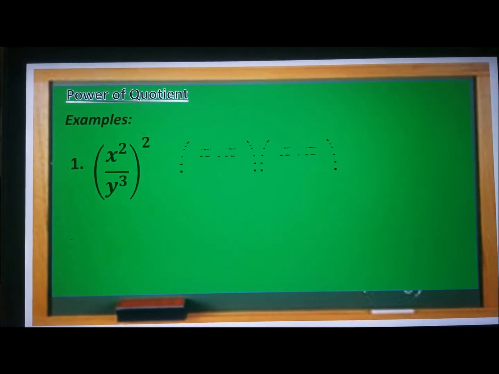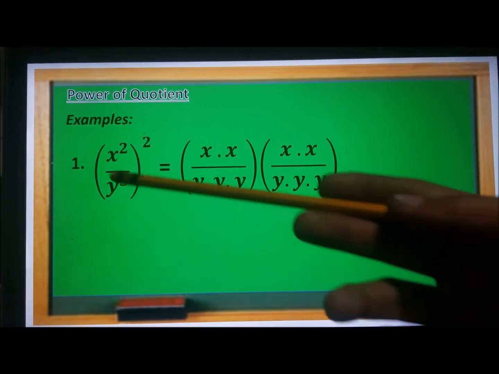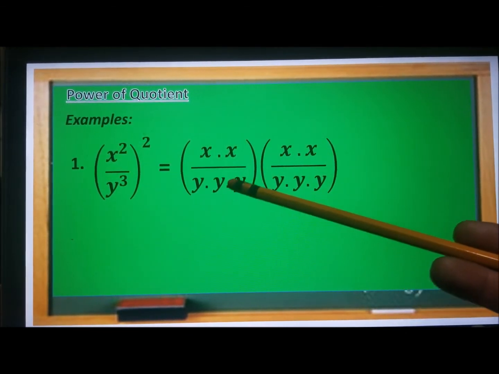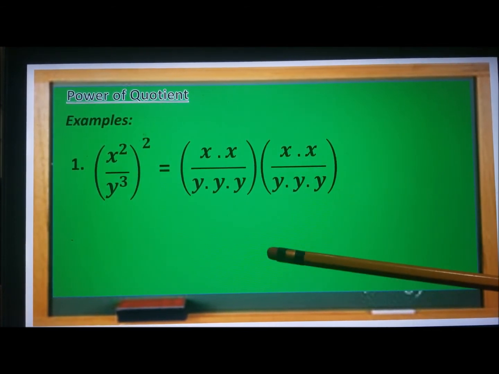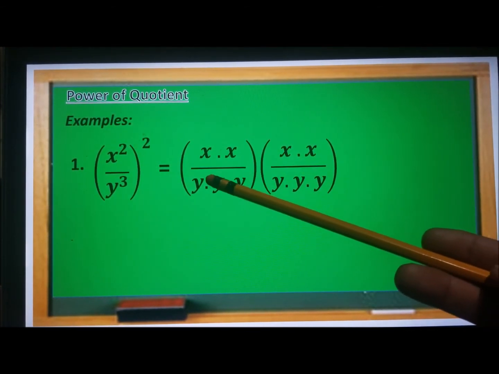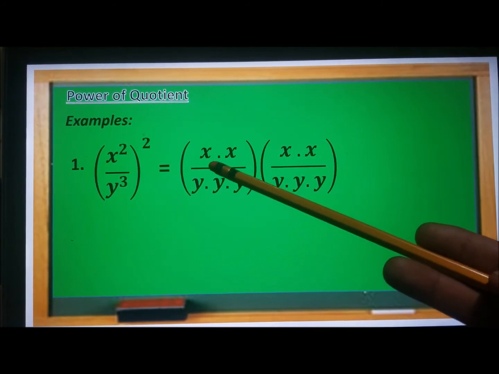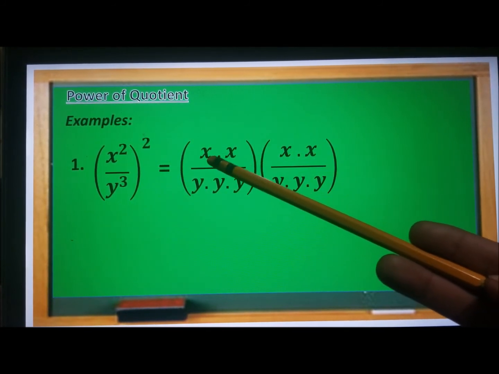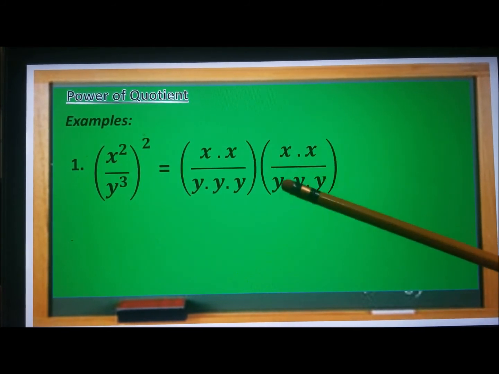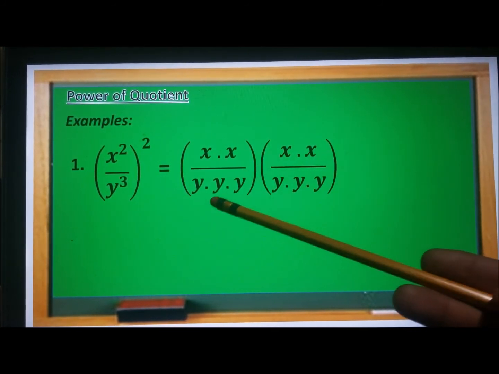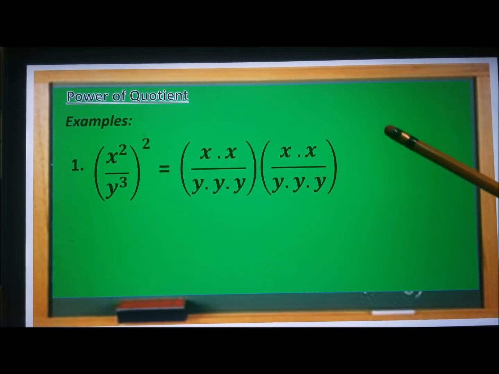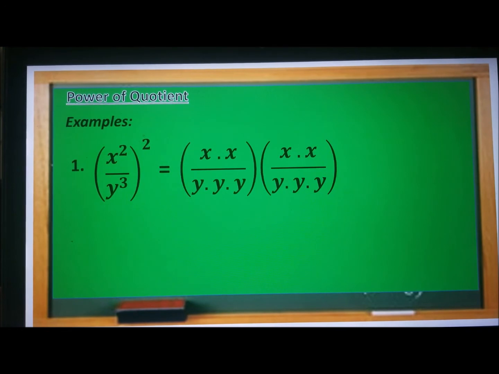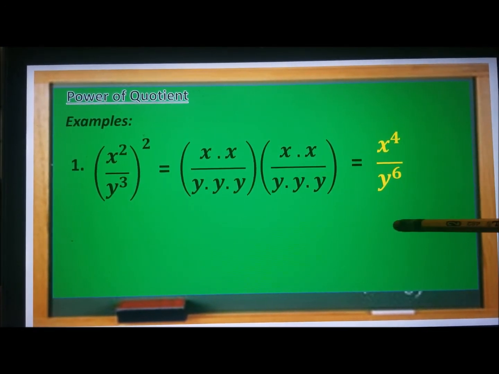So we'll have x times x, which is x squared, over y times y times y, which is y cubed, multiplied by itself 2 times. Then we count the number of appearances of each base. For x we have 1, 2, 3, 4, so that will be x raised to 4. For y, we have 1, 2, 3, 4, 5, 6, so that will be y raised to 6. So the answer will be x raised to 4, y raised to 6.